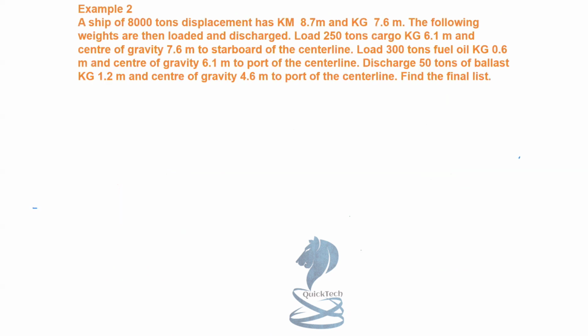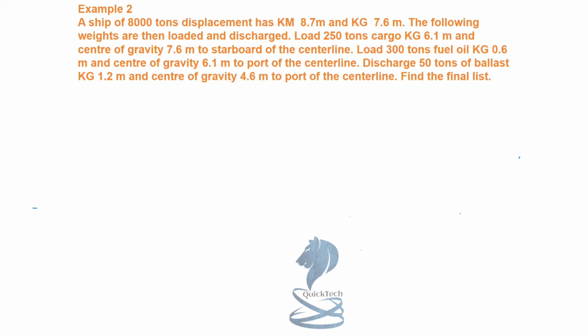Now let's move to another example. A ship of 8,000 tons displacement has KM 8.7 meters and KG 7.6 meters. The following weights are then loaded and discharged.